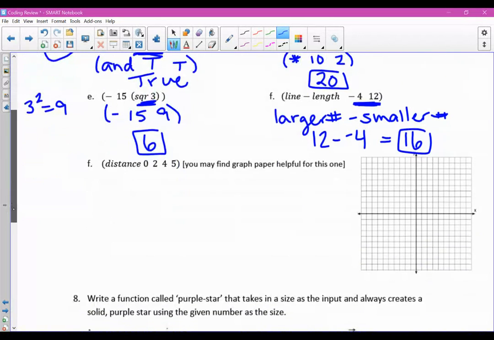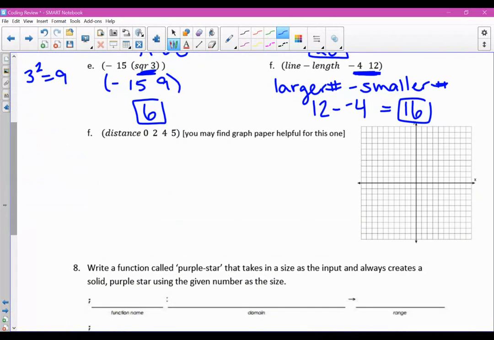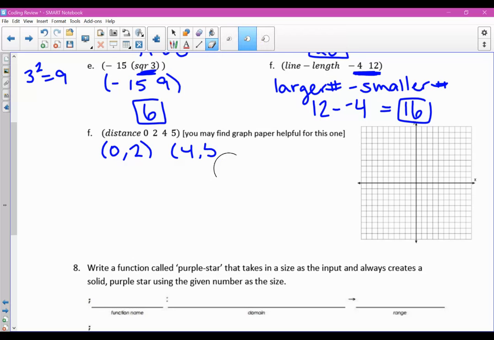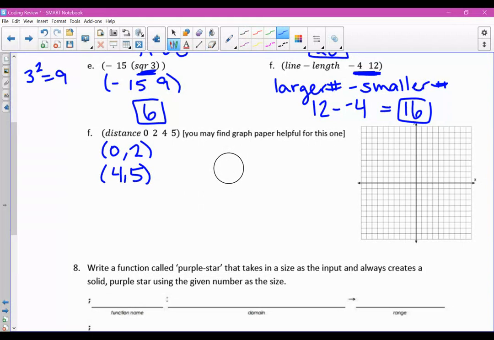Okay. Then the last one here, distance 0, 2, 4, 5. So what we're going to do is graph 2 points, 0, 2, and 4, 5. Okay. Let's try again. All right.